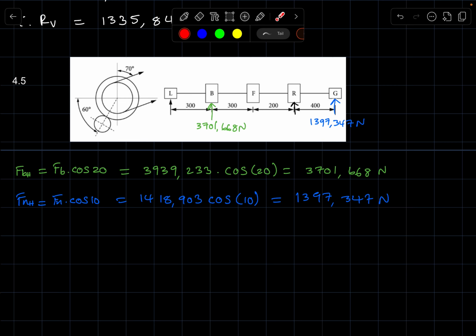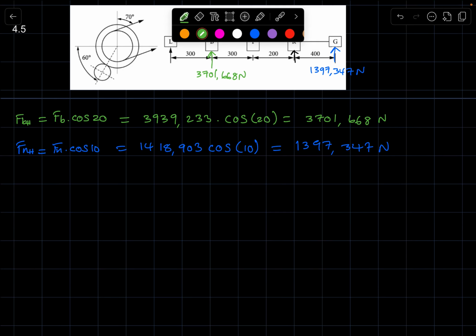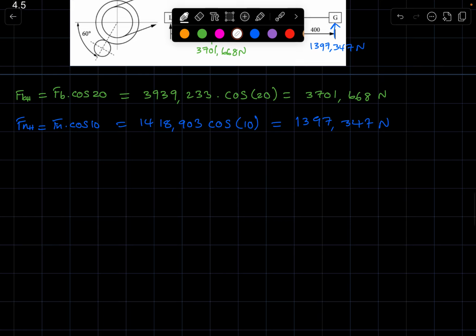Right, so now we take moments about the right-hand bearing. So now we are going to call it RH, seeing that we're considering the horizontal plane.